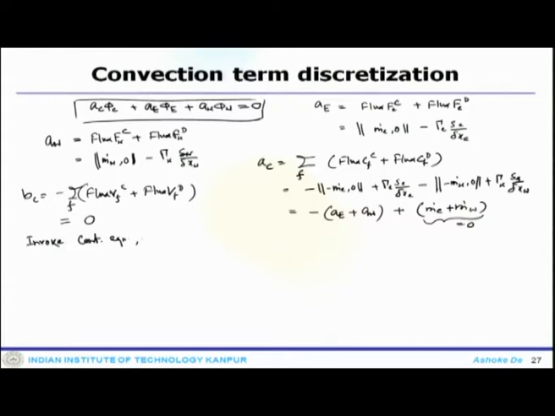and assume a uniform grid, and the diffusion coefficient gamma is constant.